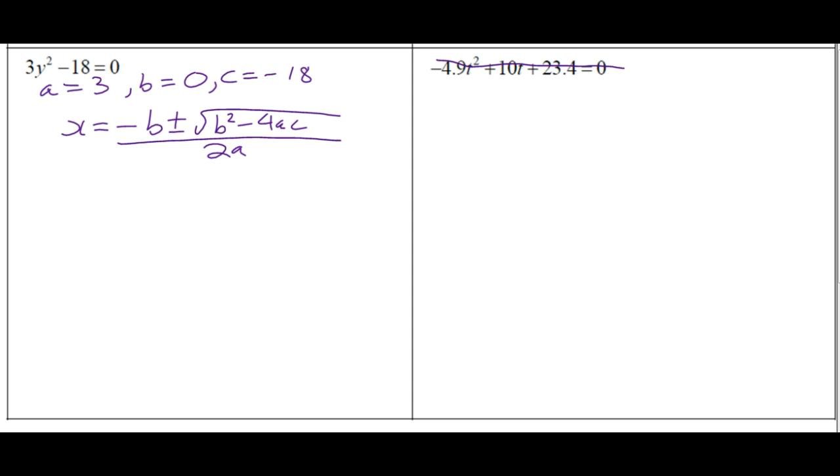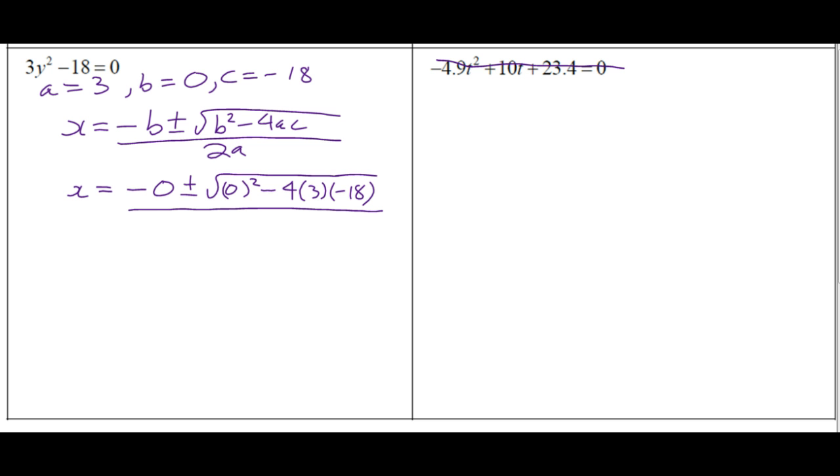Okay, so we start off writing down the formula, humming Pop Goes the Weasel in our head. And we go negative 0, plus or minus the square root of 0 squared minus 4 times 3 times negative 18, all over 2 times 3.